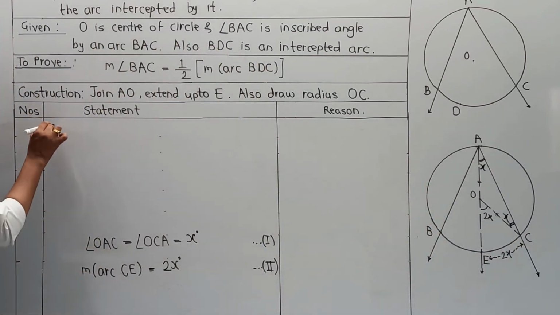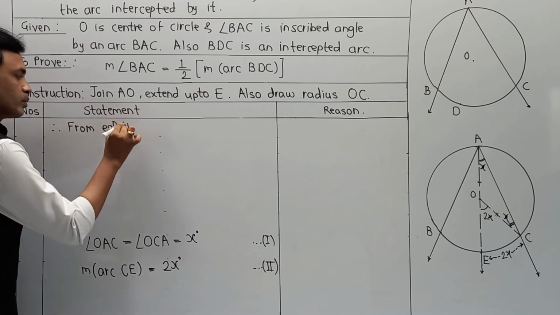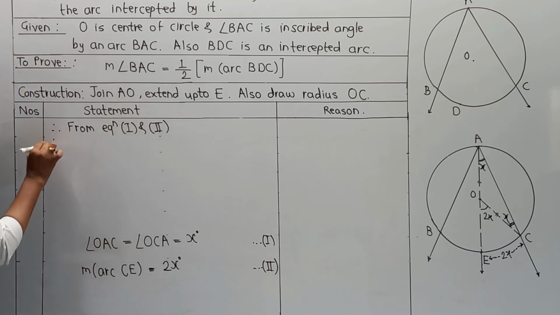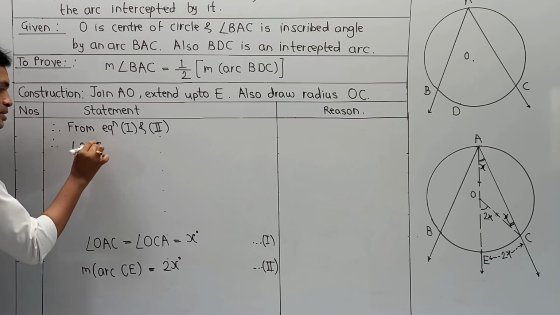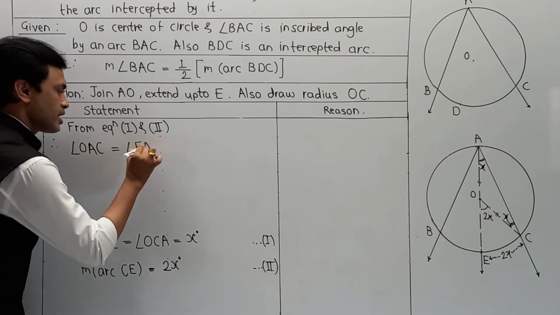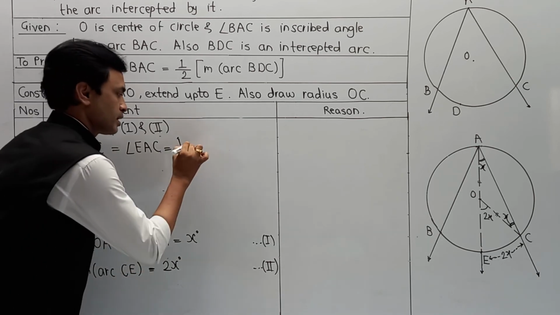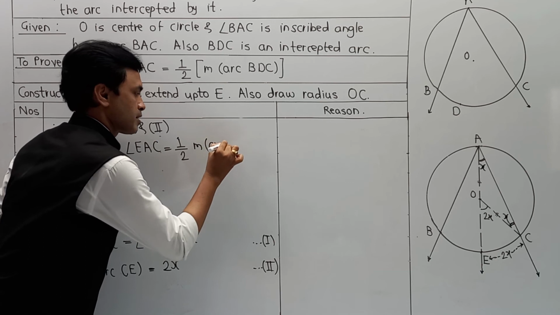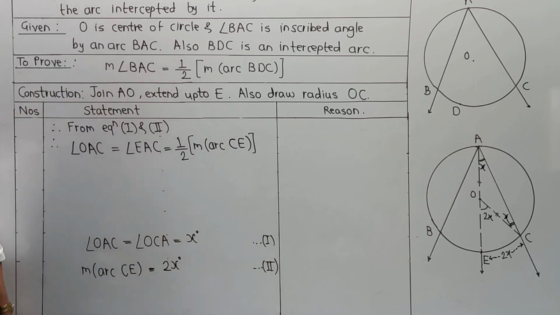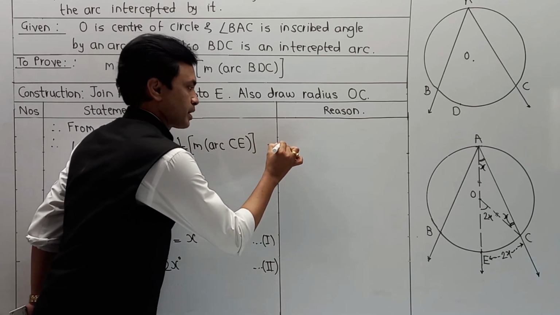Therefore, from equation 1 and 2, we can write angle OAC, which is nothing but angle EAC, is equal to half of major arc CE. And that is a new conclusion available with us. We are giving it as equation number 3.